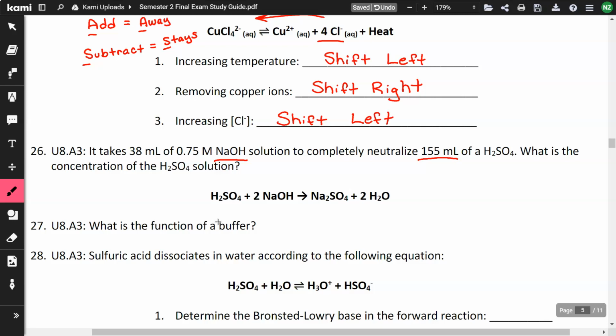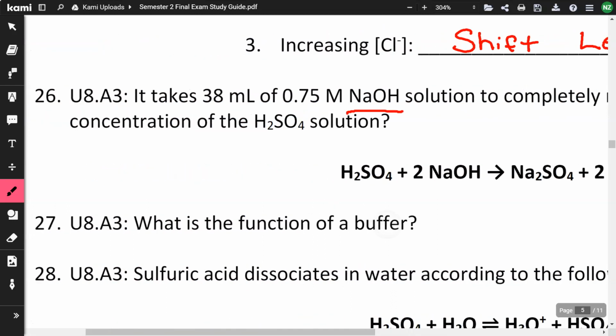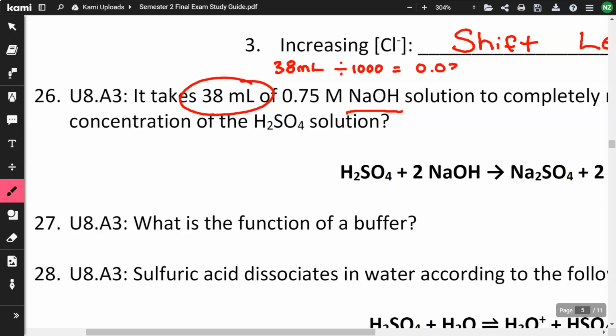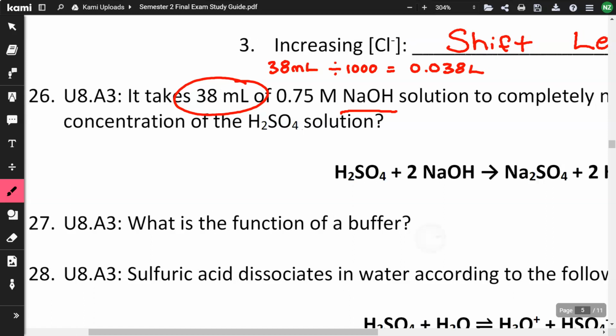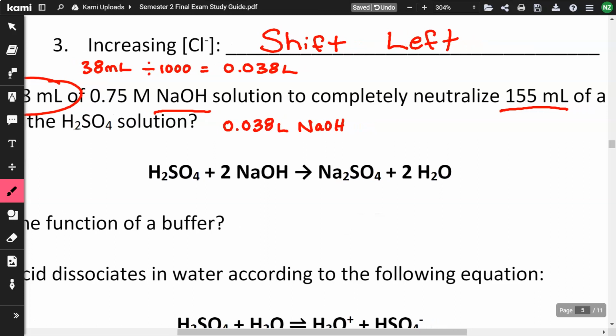So the first thing that we're going to do is figure out moles of our acid. We're going to start with the volume that we were given. This does need to be in liters, so divide it by 1,000. Okay, we're going to use the molarity to get our moles.